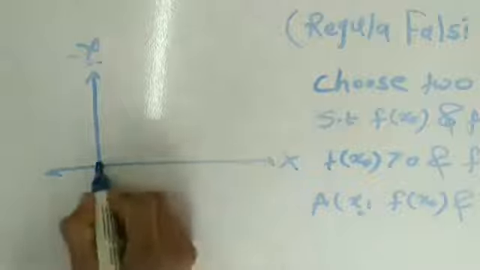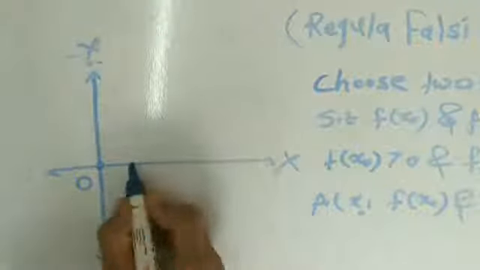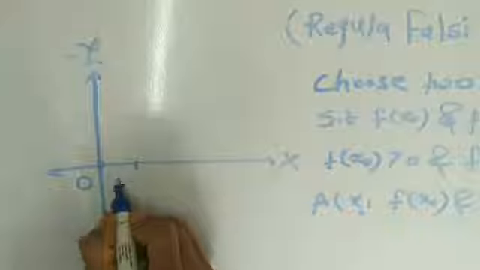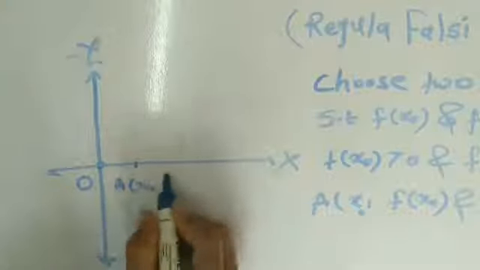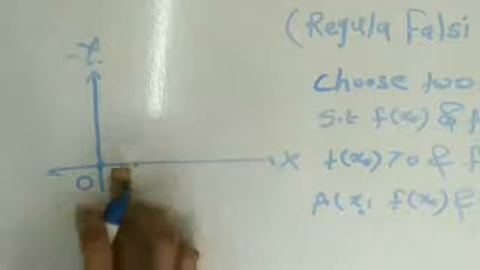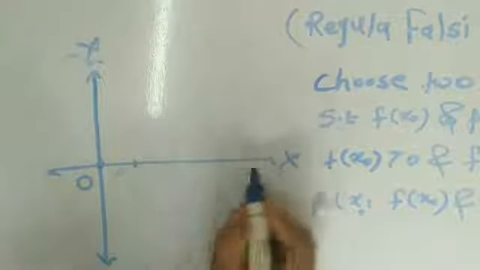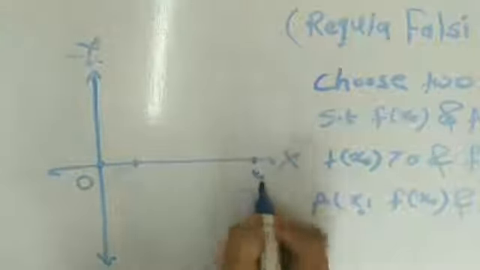We take the y axis, and this is the x axis, here origin O. Suppose we take here point A, this is x0 point, and this is the x1 point.